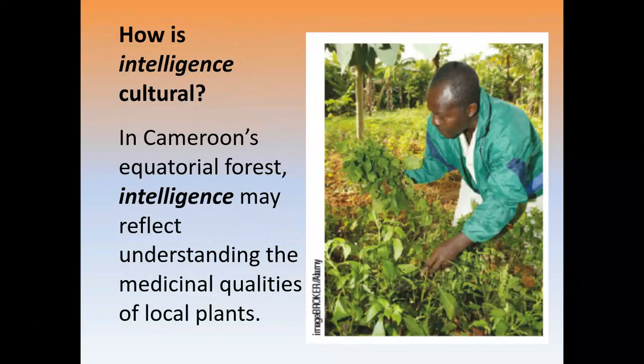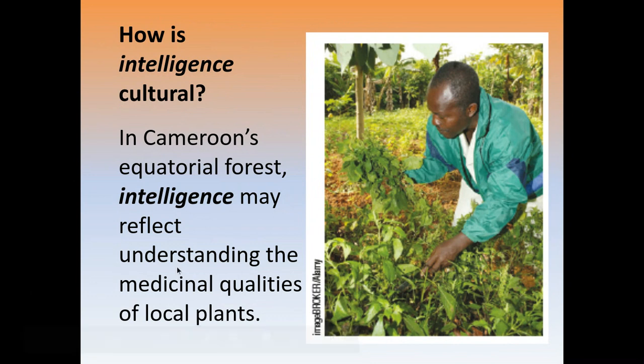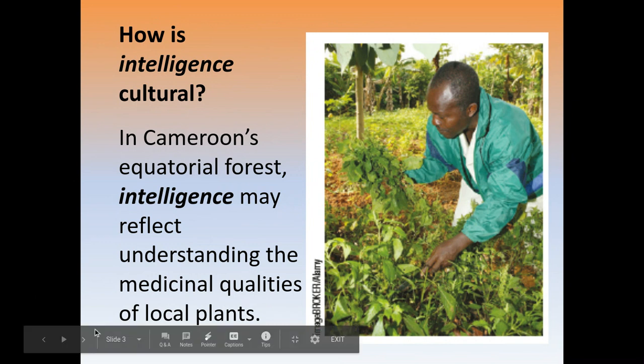So if you think about assessing intelligence, how would you do that where it would be fair for everybody throughout the world? The answer is you really can't. If you look at this gentleman right here, in Cameroon's equatorial forest, intelligence may reflect understanding the medicinal qualities of local plants.